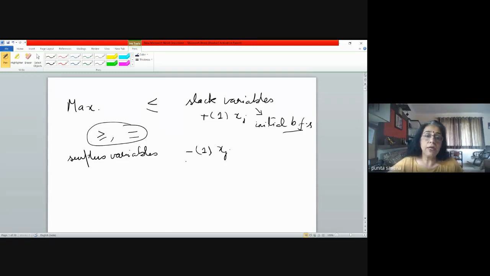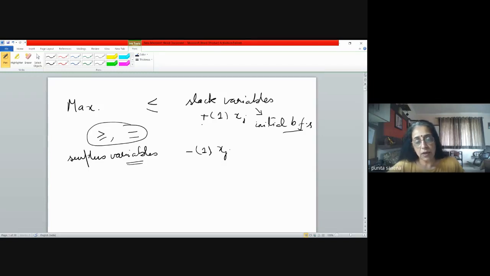When we make the initial table, as we did earlier with slack variables, we are going to get the entries as -1 0 0, 0 -1 0, 0 0 -1. Now they do not constitute the identity matrix. So the surplus variables cannot be treated as the initial basic feasible solution.